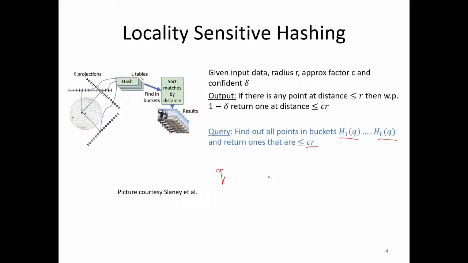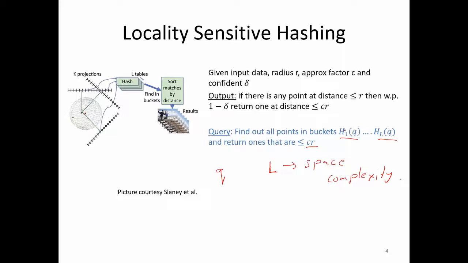Now here there is a point. L, which is the number of hash tables, determines the space complexity, because for each of these hash tables you need to store the hash buckets.